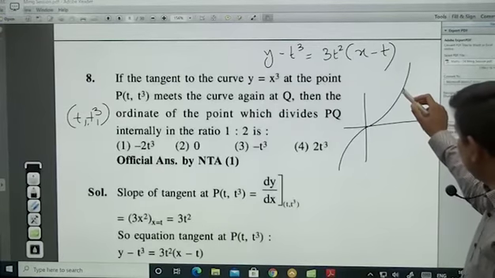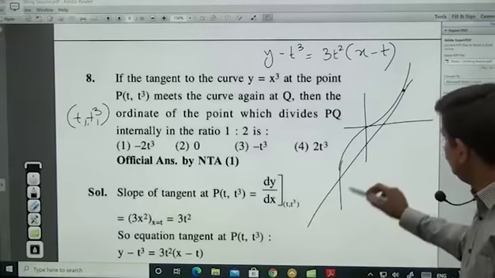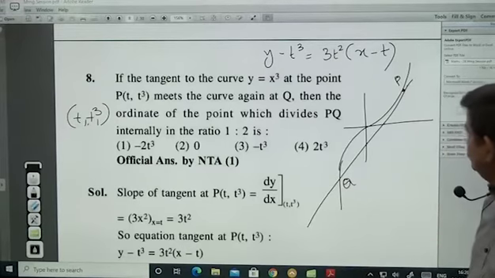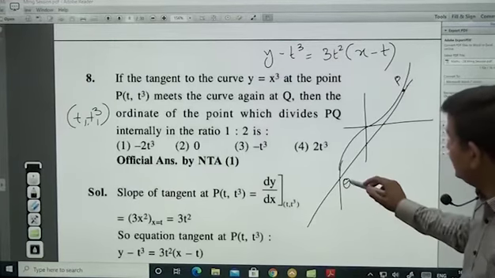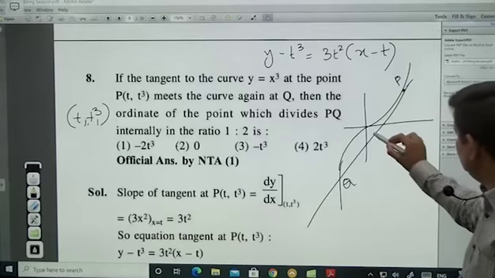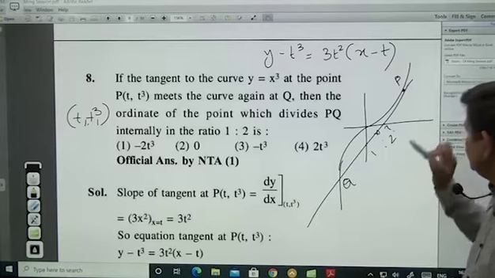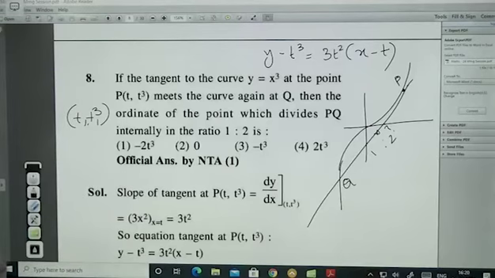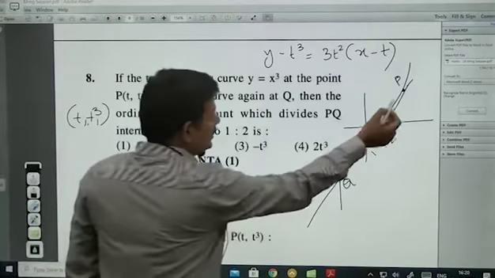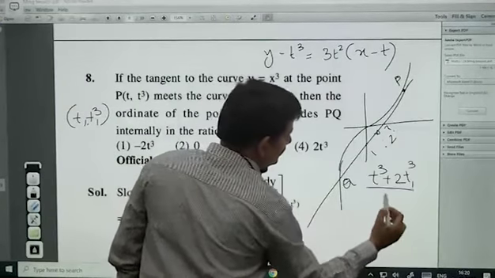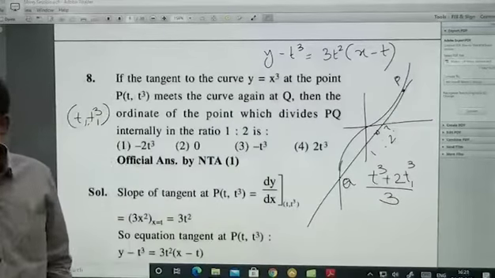At some point P you are drawing a tangent. This is Q. It is cutting the curve again at Q. Then the ordinate of the point which divides PQ in the ratio 1:2, he is asking the y coordinate of that point. So what is that y coordinate? T cube plus 2 T1 cube divided by 3. Isn't it? Yes or no?